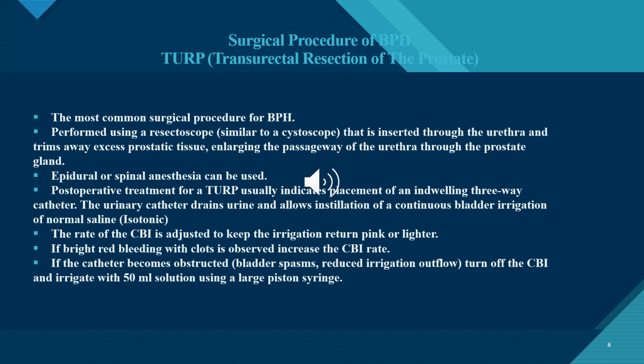If the catheter becomes obstructed, as evidenced by bladder spasms or reduced irrigation outflow, turn off the continuous bladder irrigation and irrigate with 50 milliliters of solution using a large piston syringe. In the event that there is still obstruction after you irrigate with 50 milliliters of solution using the syringe, call the doctor. Okay?